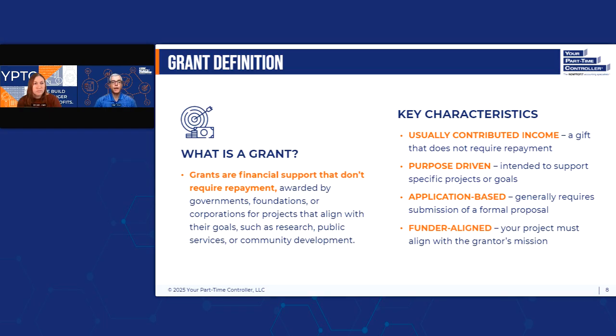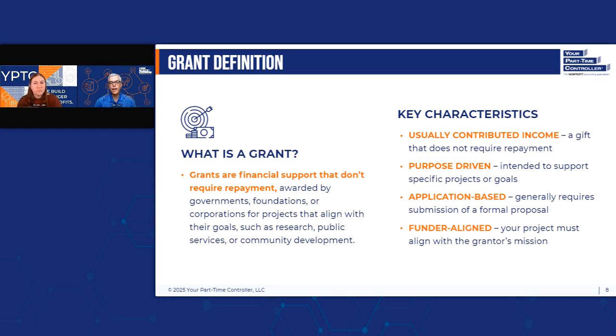First, contributed income. The most important characteristic of a grant, it's usually a gift. Other than returning any unspent funds, you don't have to pay it back. Second, purpose-driven. Grants typically support specific projects. Think research, education, community programs, public health, for example.